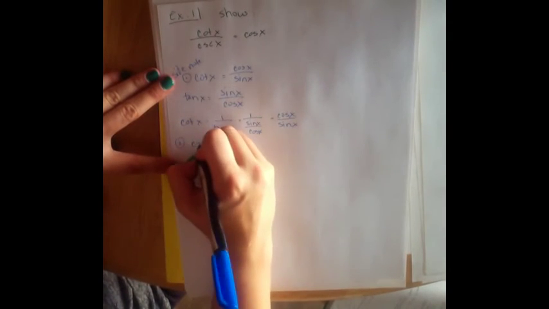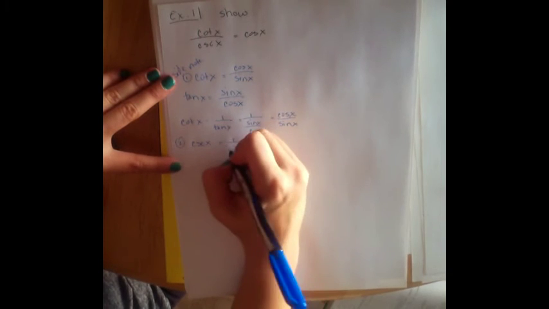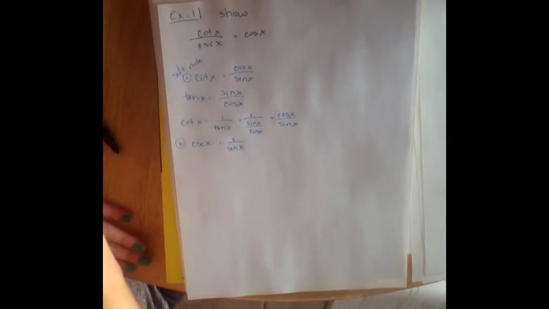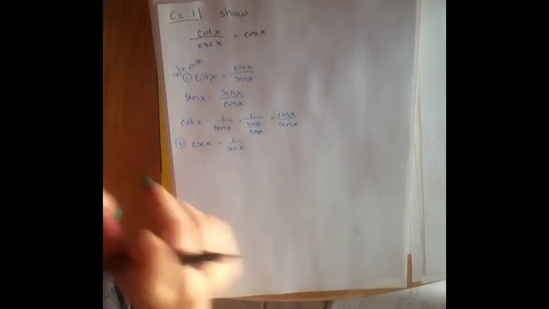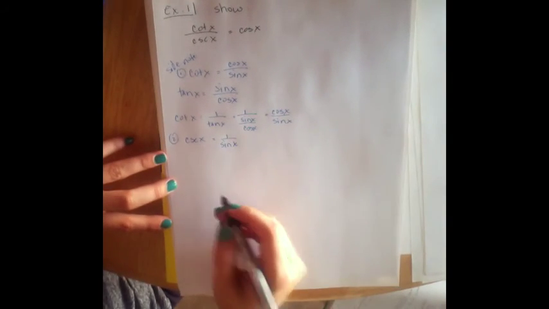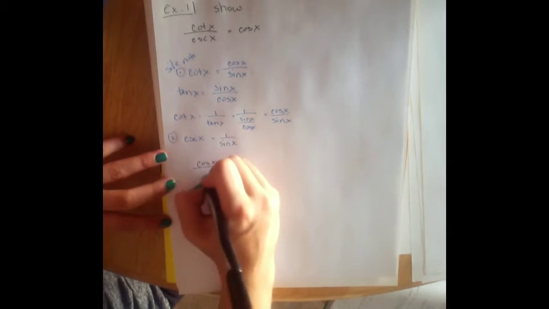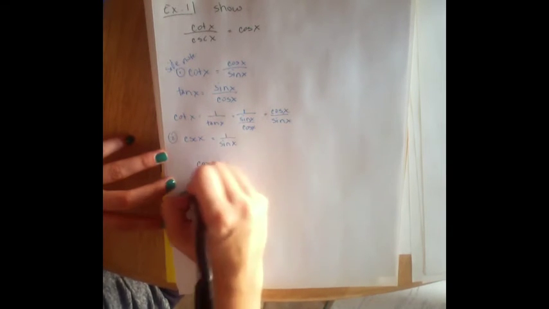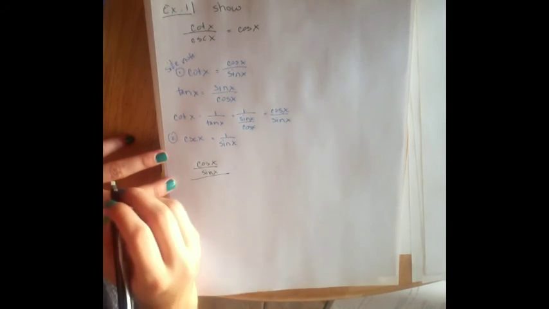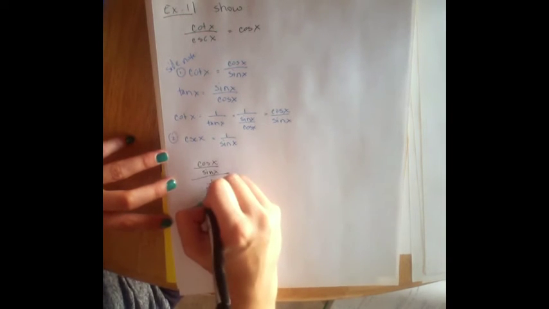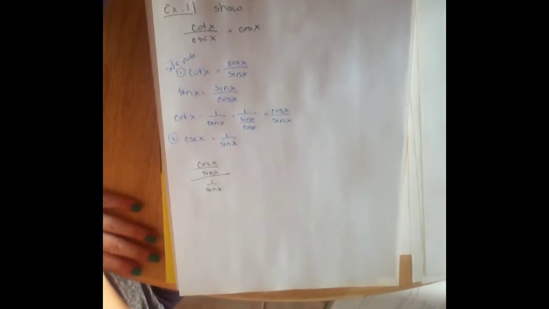Our second, we remember the cosecant of x is 1 over the sine of x. So if I go up to my equation, I'm going to rewrite the cotangent of x as the cosine of x over sine of x, and I'm going to rewrite cosecant of x as 1 over the sine of x.